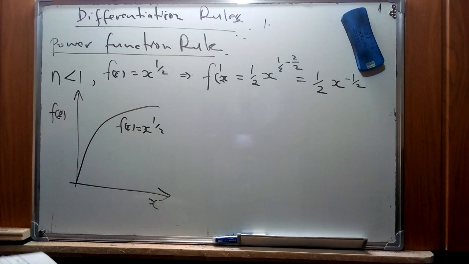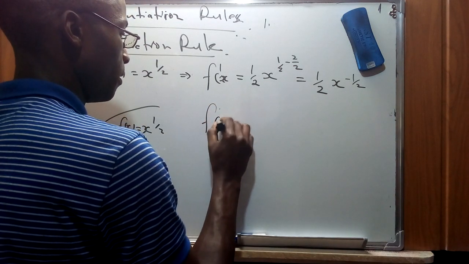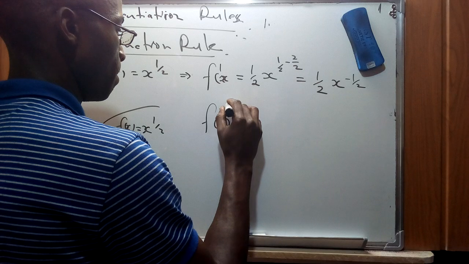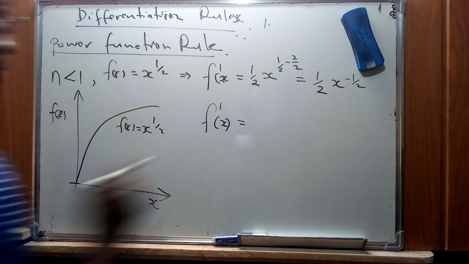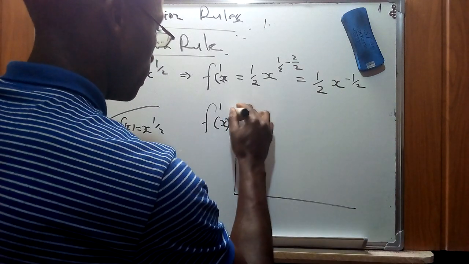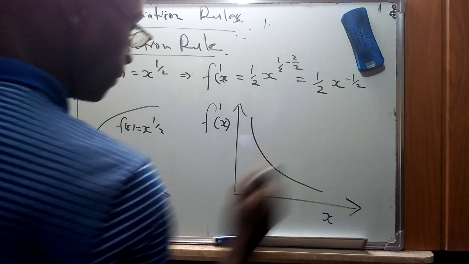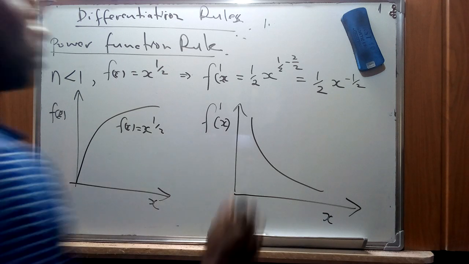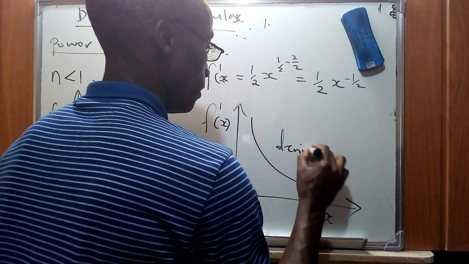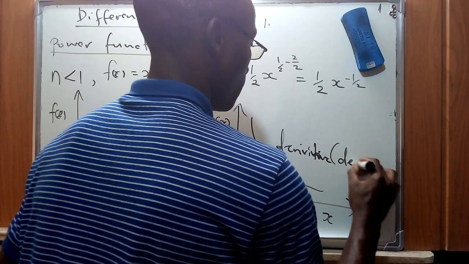So this is going to have an f prime of x given as that specific graph. So we just said for this condition the derivative function will be a decreasing one. So the first one was that the derivative is decreasing.